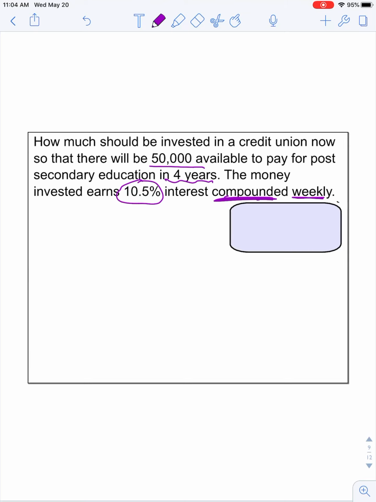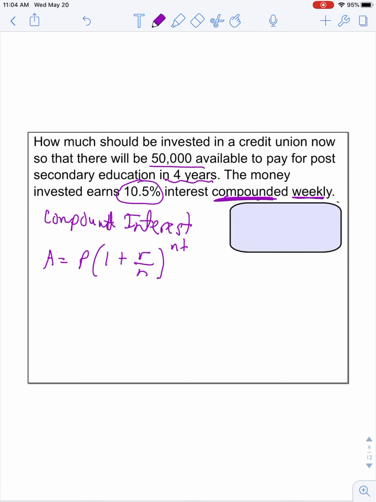So this is your compound interest formula. It looks like this: A equals P times 1 plus our rate divided by n, all raised to the nt power. So in this problem, my rate is 10.5%.